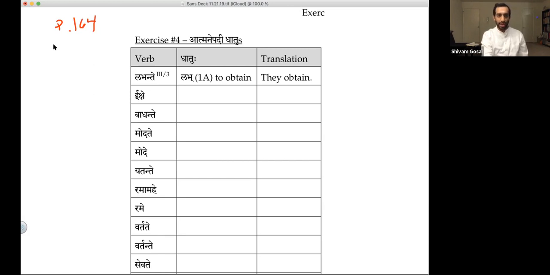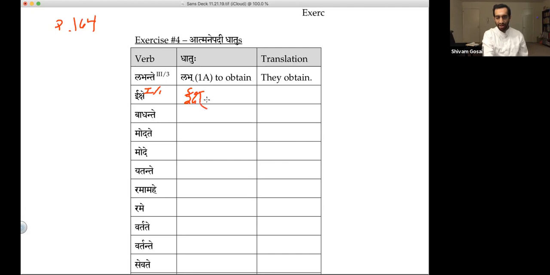Okay, so here we have ikshe. So I have the dhatu iksh. This is first person singular. Dhatu is iksh. And notice it's not iksha, it's iksh.